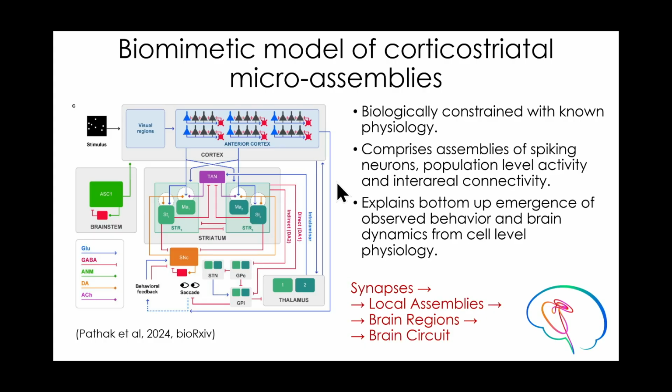And after it has been built following the constraints we have from the literature and biology, it exhibits this bottom-up emergence, where it matches observed behavior and brain dynamics, starting from cell-level physiology in the macaque brain.